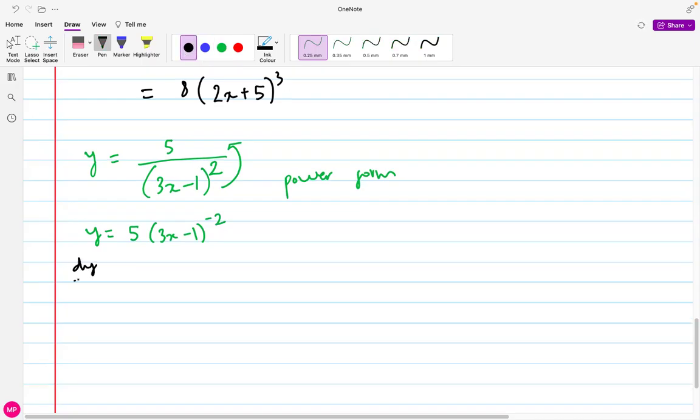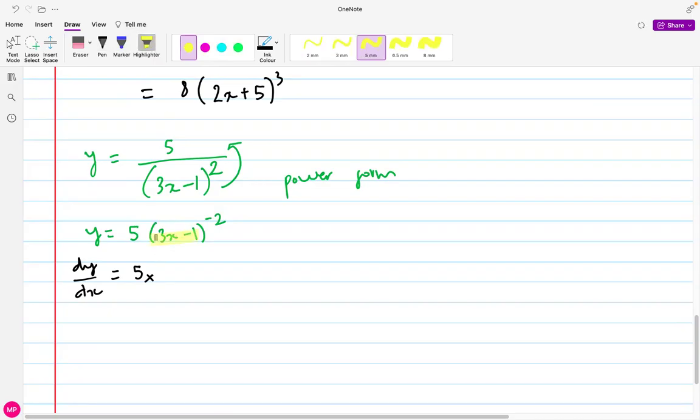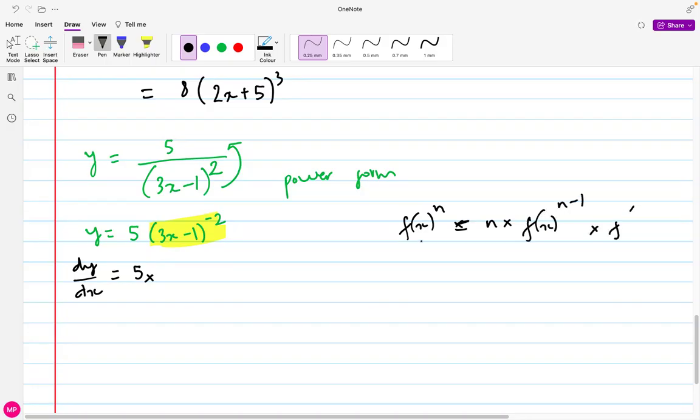So dy on dx equals, the 5 you keep, and then you use the formula. If I recall, the formula is the derivative of [f(x)] to the power of n equals n times [f(x)] to the power of n minus 1 times f dash of x, the derivative of that.